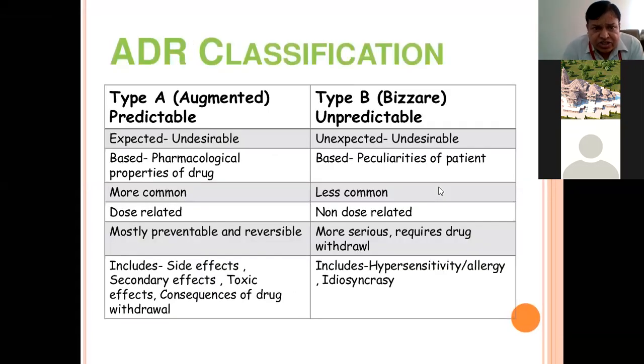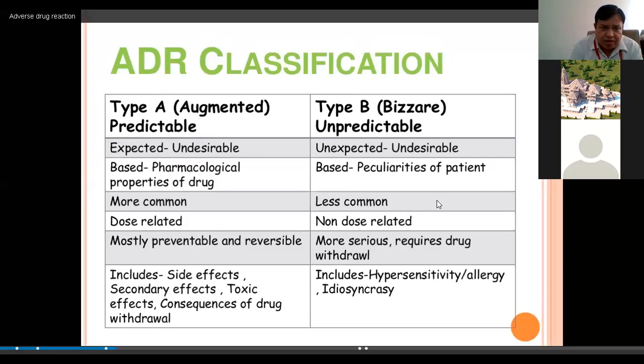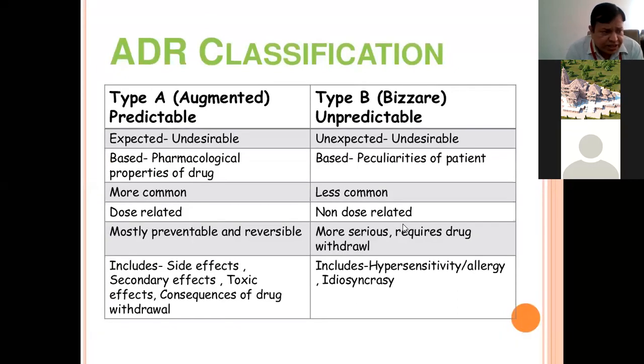Now, adverse drug reaction classification, type A and type B. Difference, augmented and bizarre. Type A is a predictable, expected, undesirable effect based on the pharmacological properties of the drug. It is more common, related with dose, mostly preventable and reversible.